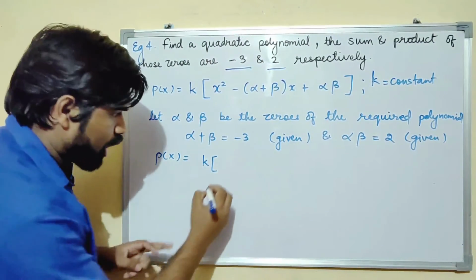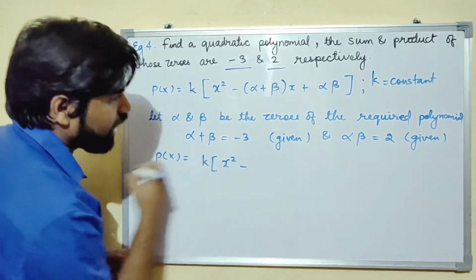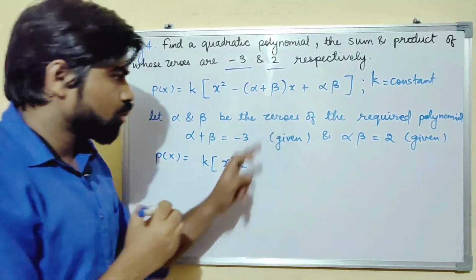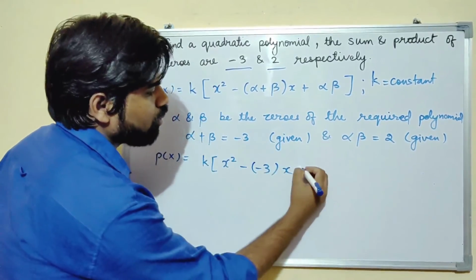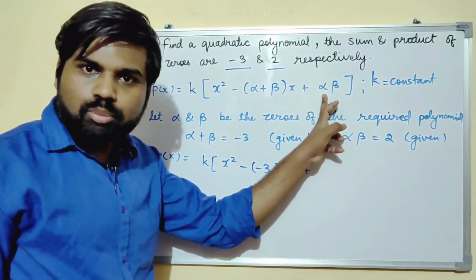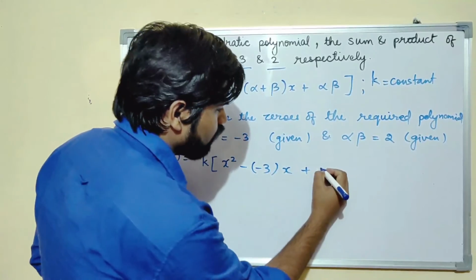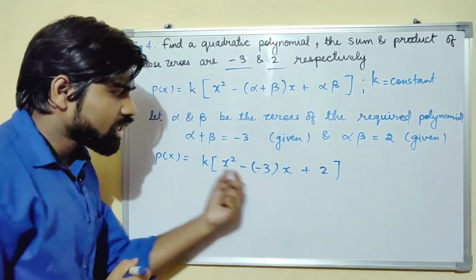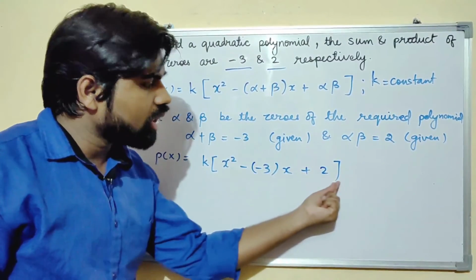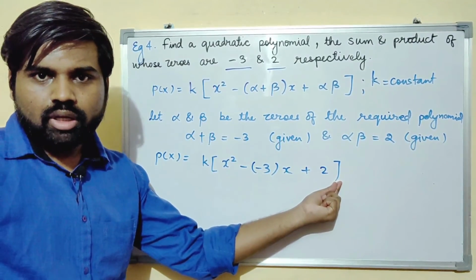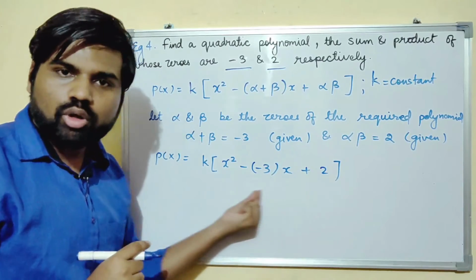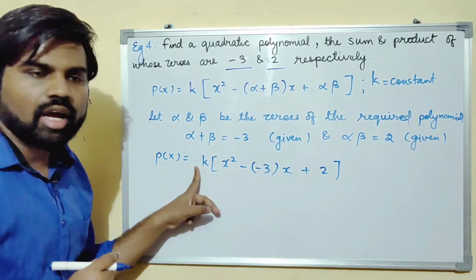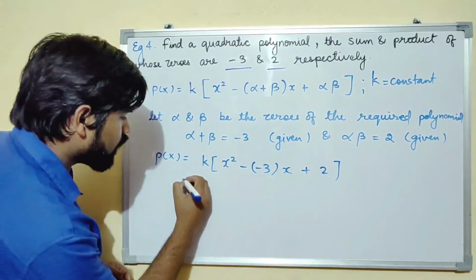Now k times x square minus the sum of zeros, put the value of sum of zeros as minus 3, into x plus alpha beta, that means product of zeros, which is 2 here. Now in this case, what is the denominator of the polynomial? It is 1. So assume the value of k as 1 only.